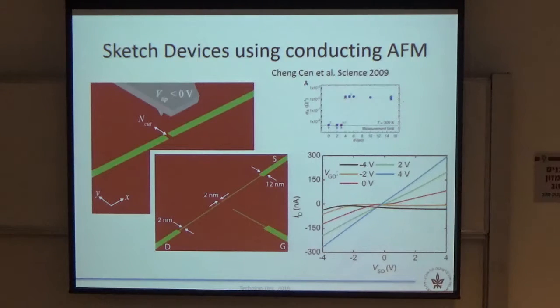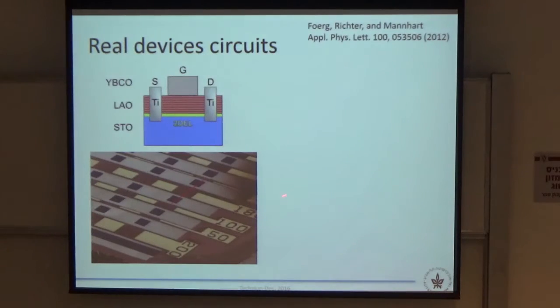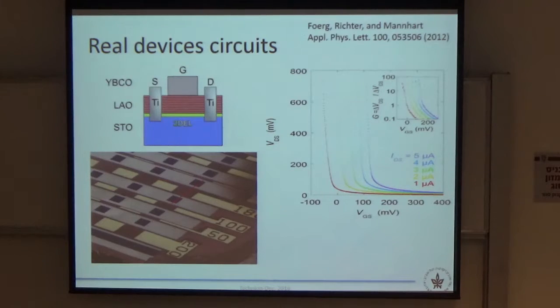Very nice. And now there are also real device circuits, for example this one, also done in Germany. This is lanthanum aluminate, strontium titanate, the 2D electron gas here, and titanium contacts. It is top-gated by YBCO. And these are the characteristics.